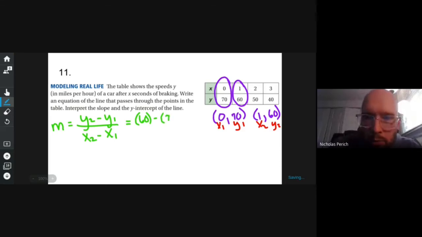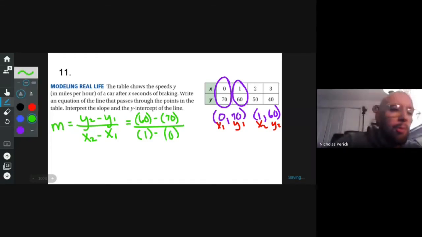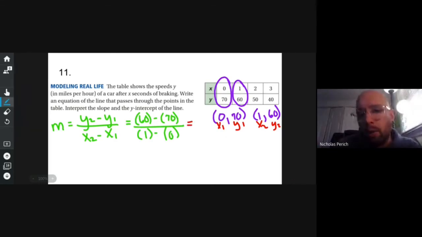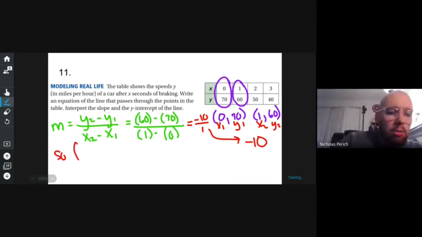I called y sub 1 70. Put that over x sub 2 is 1, x sub 1 is 0. 60 minus 70 is negative 10. 1 minus 0 is 1. So negative 10 over 1 is negative 10.